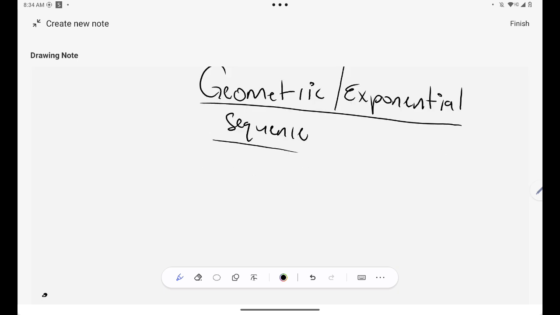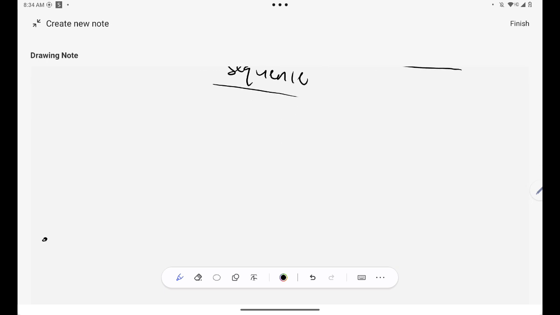The geometric sequence. The general term, the general formula that can give you all the terms of the geometric or the exponential sequence, is given by Tn is equal to a multiplied by r to the n minus 1. Alright, together.